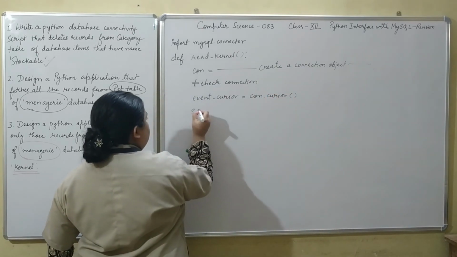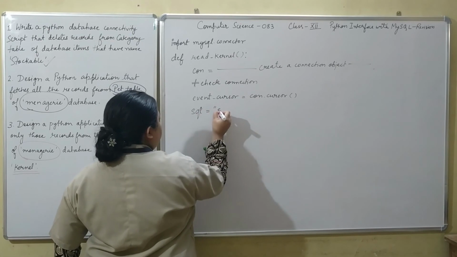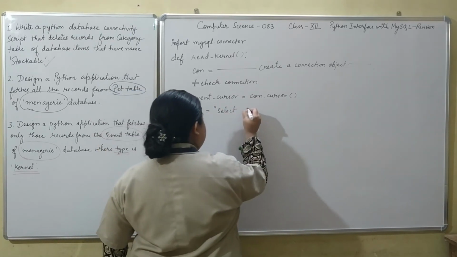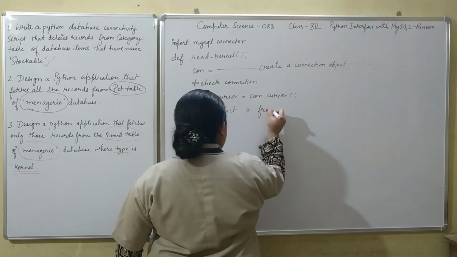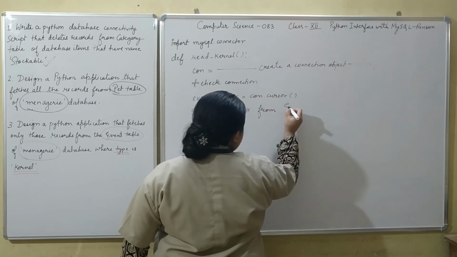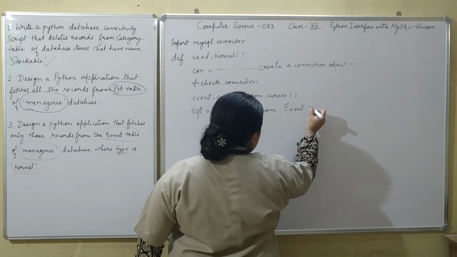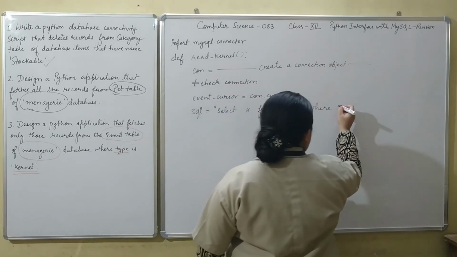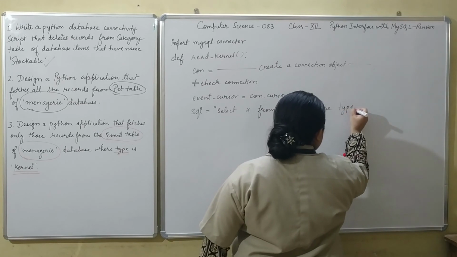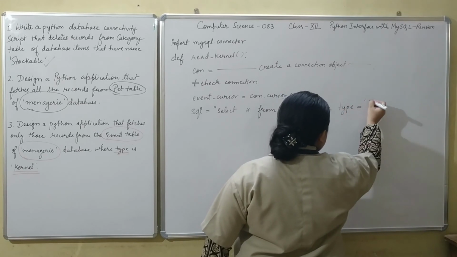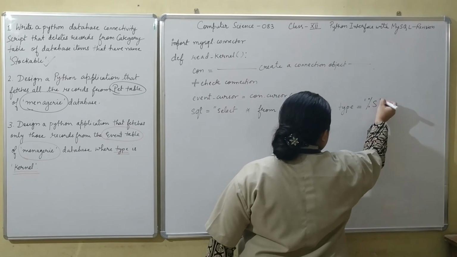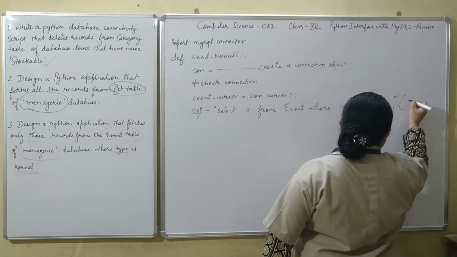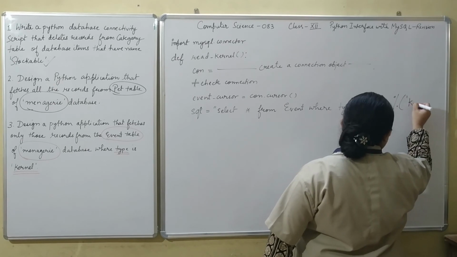Now SQL will be select asterisk from event table where type is equal to, and I can either provide it over here, that is with the name kernel.